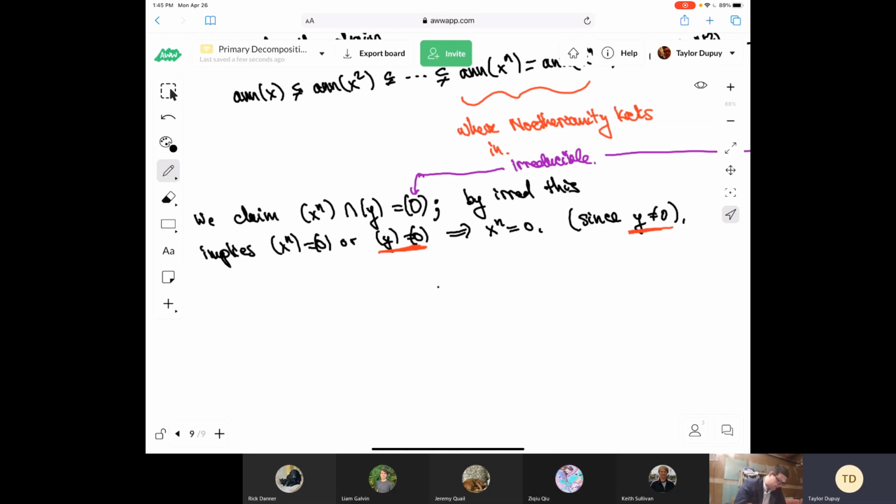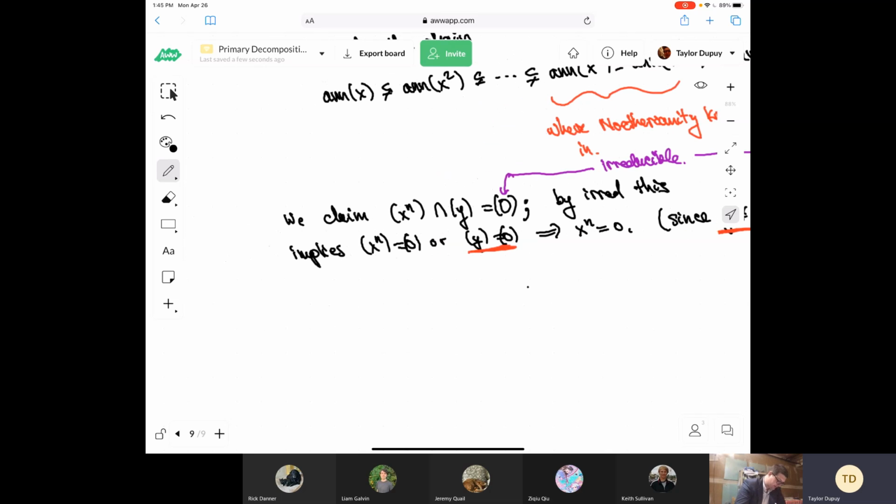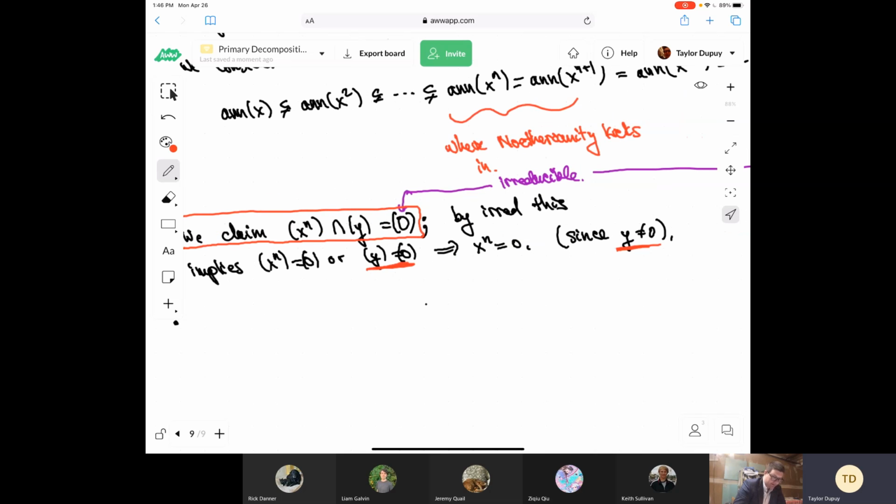Now there's some more we have to do. We already have that x is nilpotent, and we're supposing this claim here. We need to justify it now. If we can show this claim, then we're done.